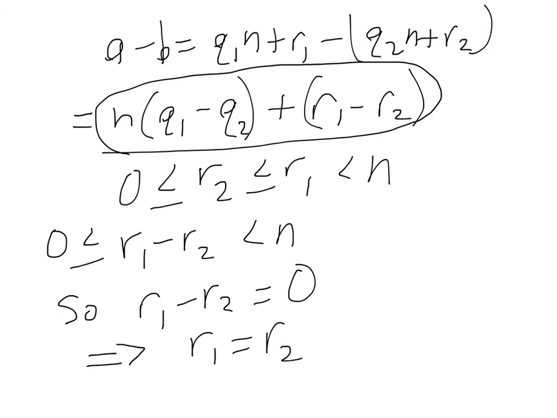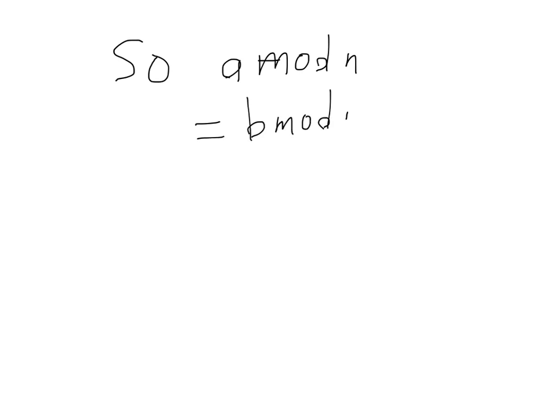And this is the same thing as saying that a mod n is equal to b mod n. Since the remainders ended up being the same, they equal the same thing modulo n. And now that we've proven both sides of the biconditional, we are done.